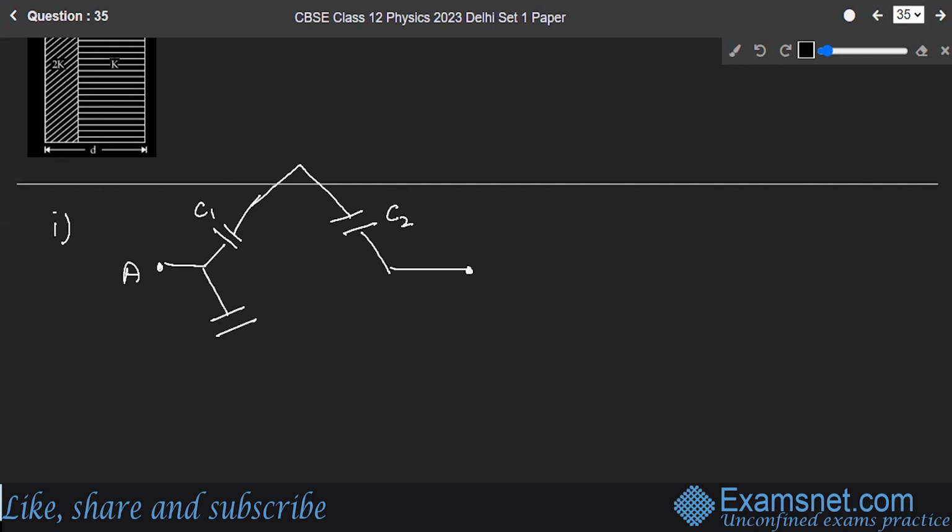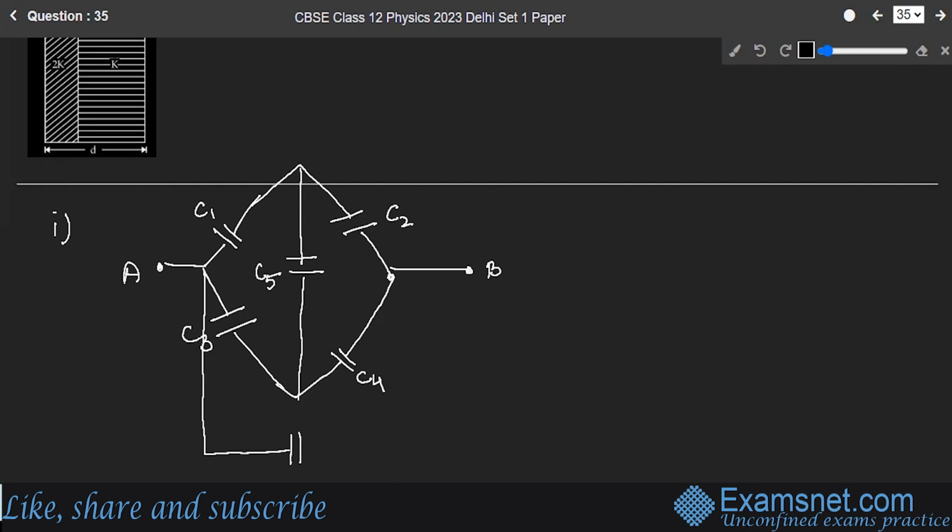This is C3. And C4, C5, and there was the point B. Further, here was one more. This is your C6 capacitor.